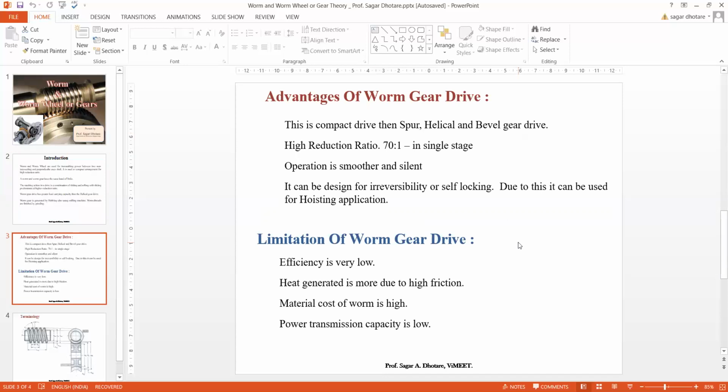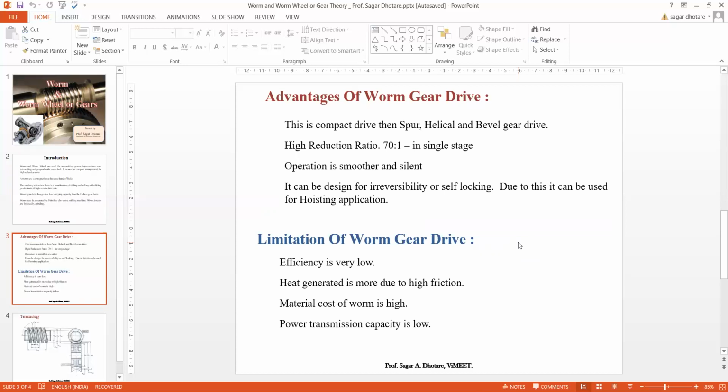Because of the high reduction ratio, frictional forces are more, and because of that the speed is very low. Because of the same condition, the operation is very smooth and silent. It can be designed for irreversibility or self-locking, and due to this reason, they are used in hoisting applications.